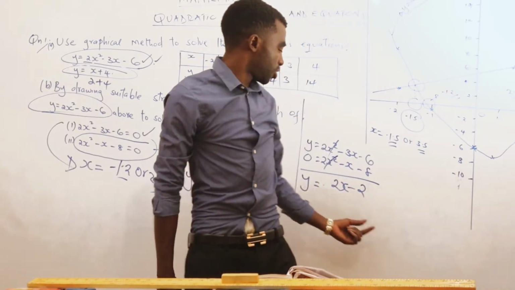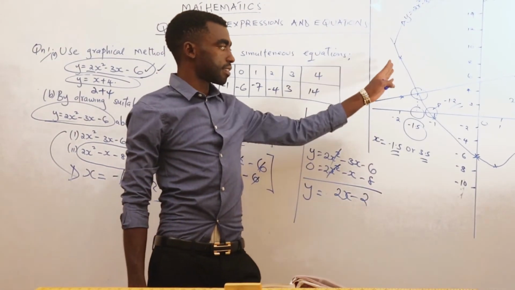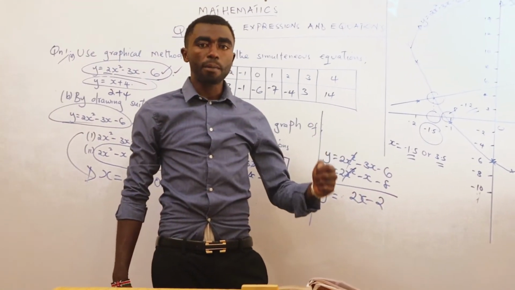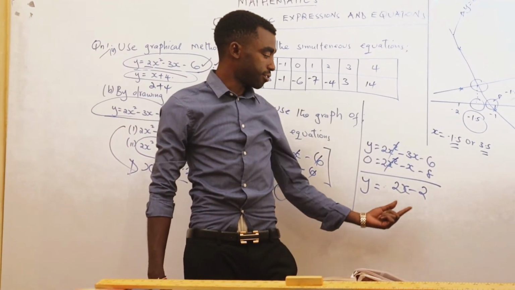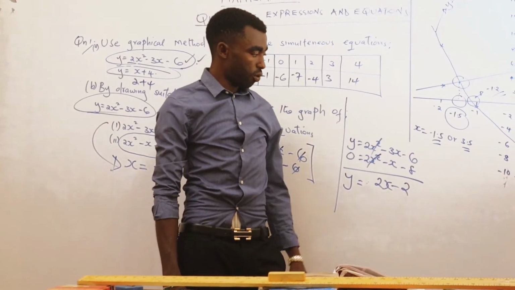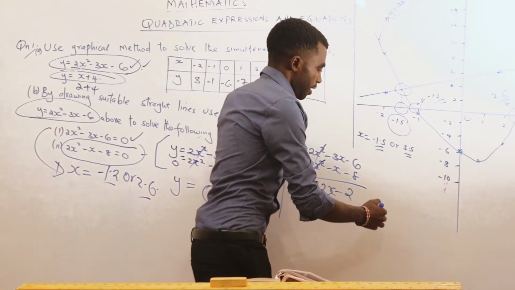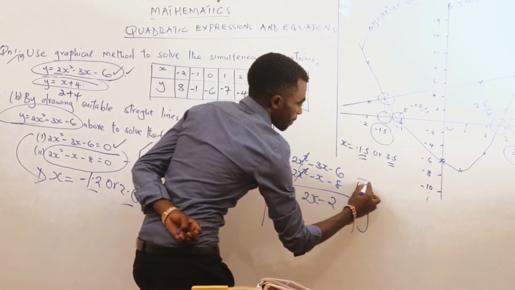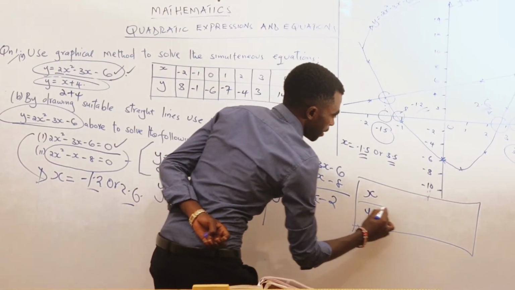So it will mean this is not a straight line which we can just say is either the x-axis or y-axis. So we have to come up with a table of values to get a straight line. We can have just two values of x and y.